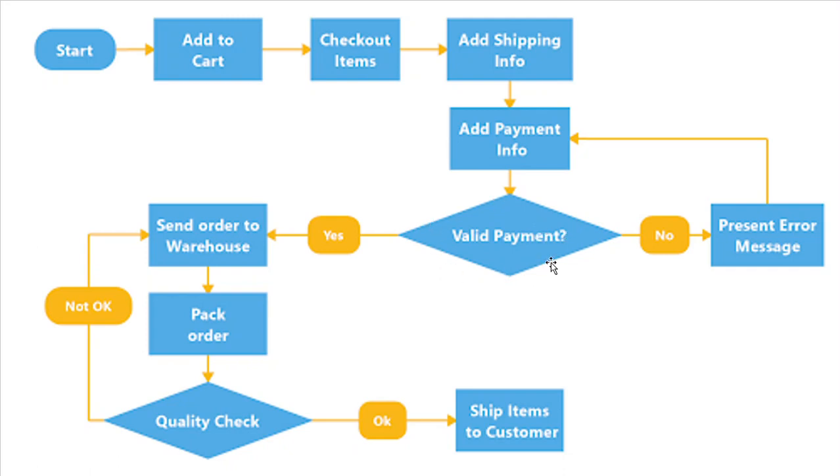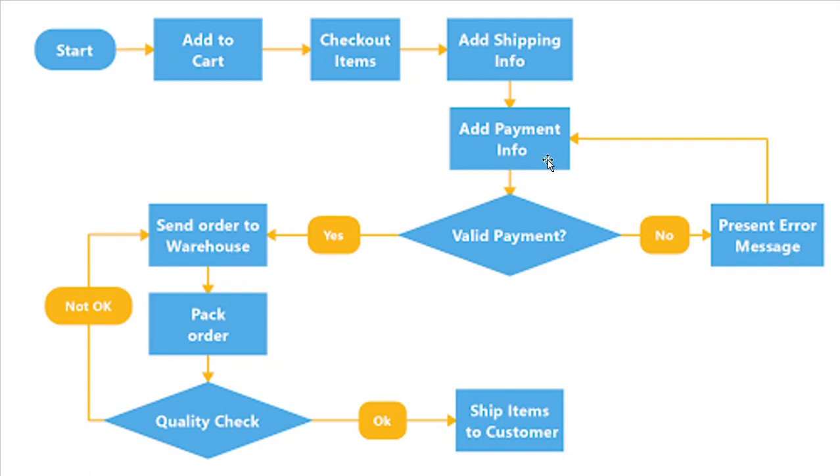For example, in this case, valid payment. If the payment is valid, yes, we go to this branch, send order to warehouse. What happens if the payment is not valid? We go to the no branch, and the next process is present error message to the screen.